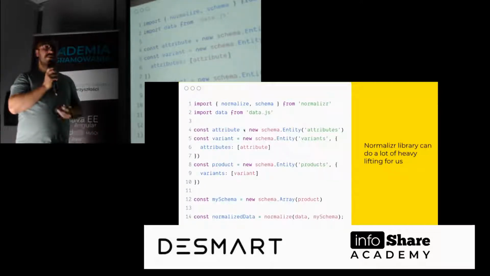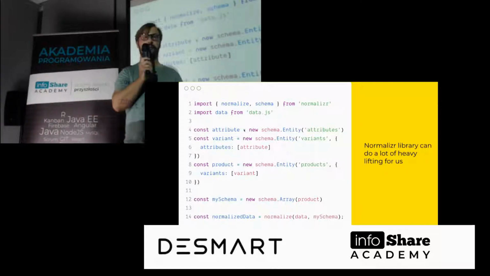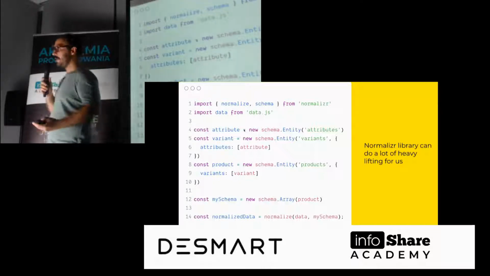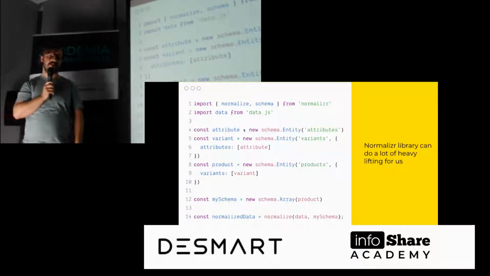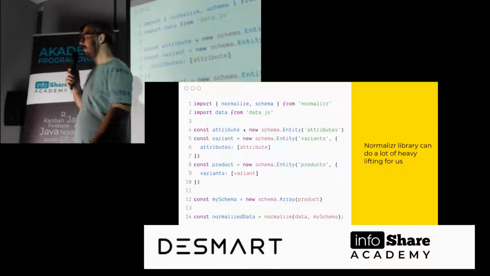So we have this great normalizr library, and it can do a lot of heavy lifting for us. That's a funny thing, because the normalizr library was initially developed by Dan Abramov, who also developed Redux.